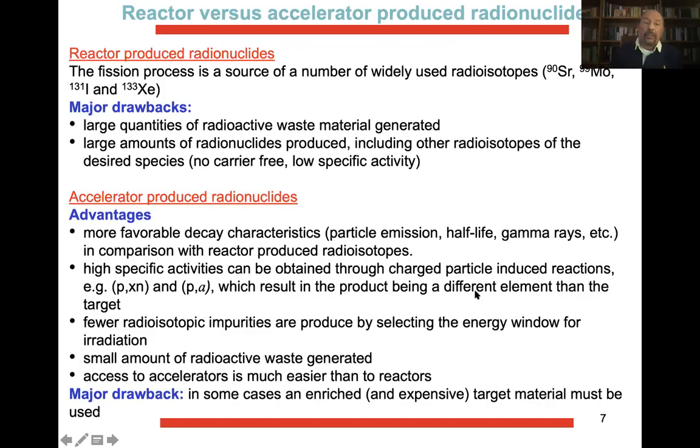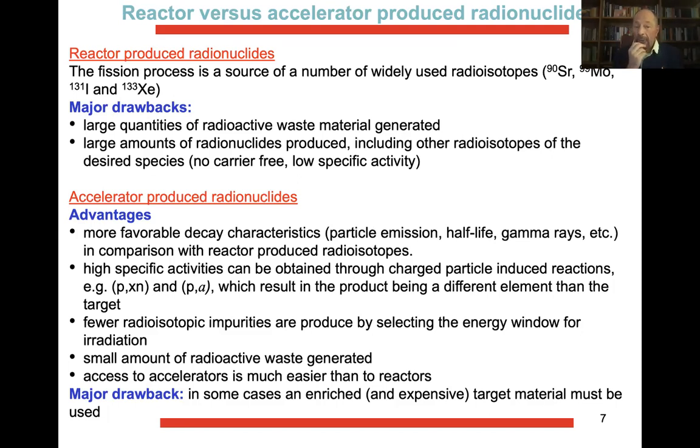So what is the difference between reactors and accelerators? The major drawbacks, let's say, in using a reactor is that you produce a lot of radioactive waste, and you produce a lot of radioisotopes which are not really required. So you have to isolate what you need, essentially.